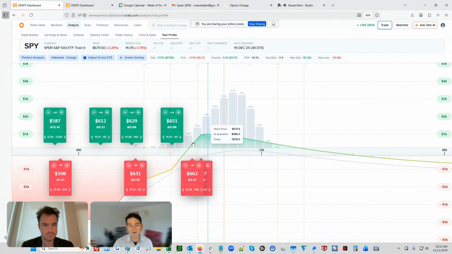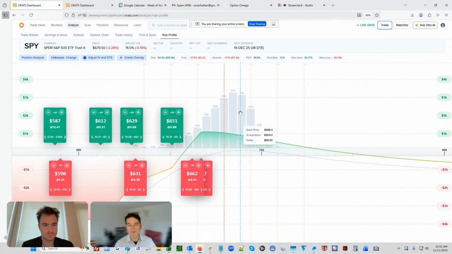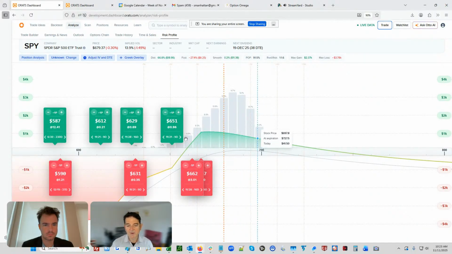Probability of profit is just counting the percentages that are green versus the percentages that are red. They both add up to 100%. In this case, probability of profit looks pretty high because most of the distribution is in the green. But the expected return might be a different story because the magnitude of the negative is bigger. Does that make sense, Tyler?